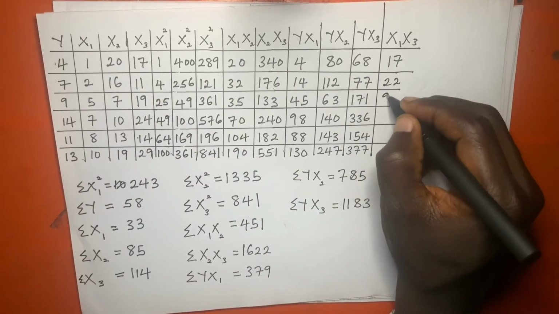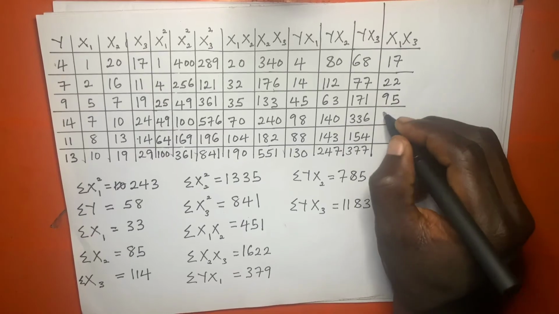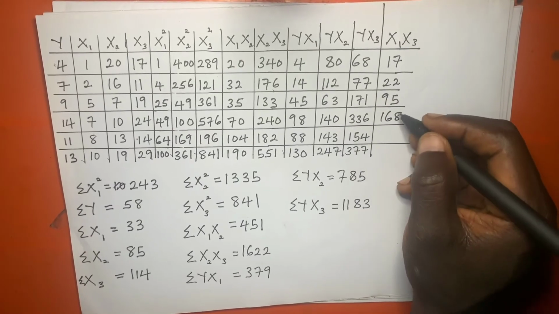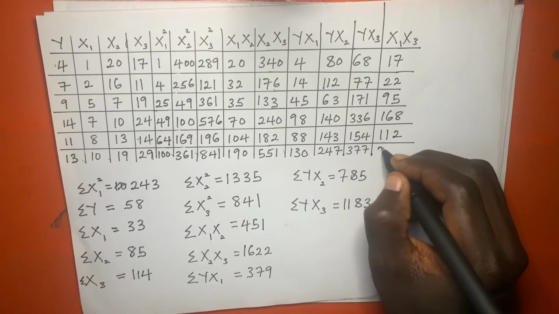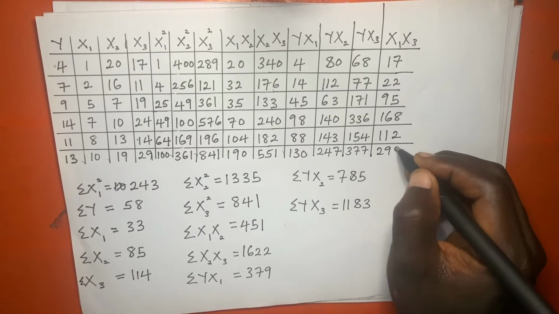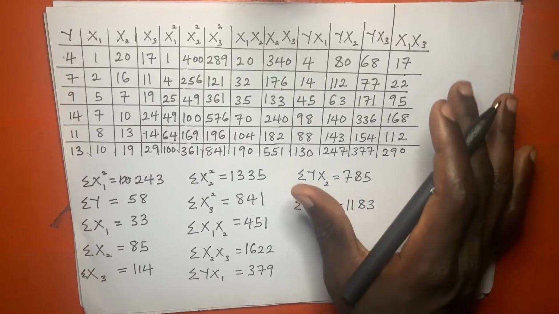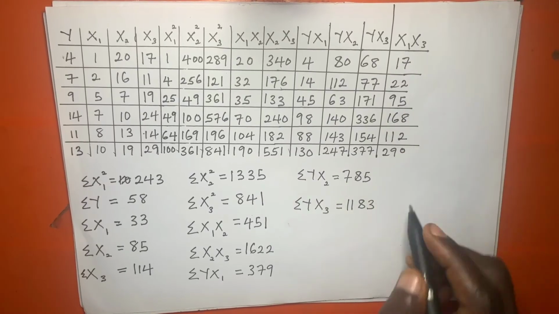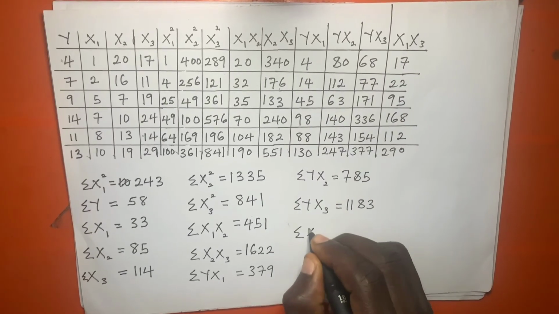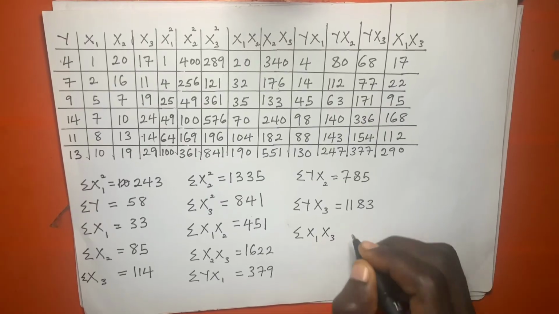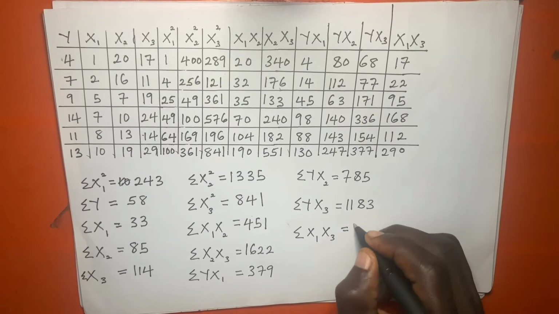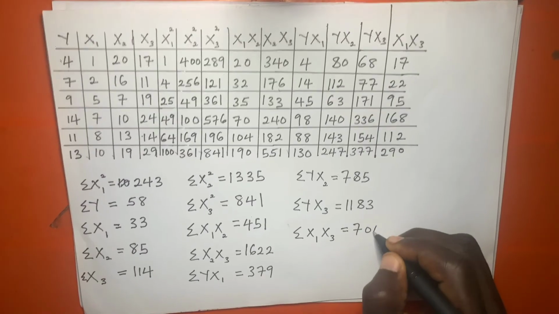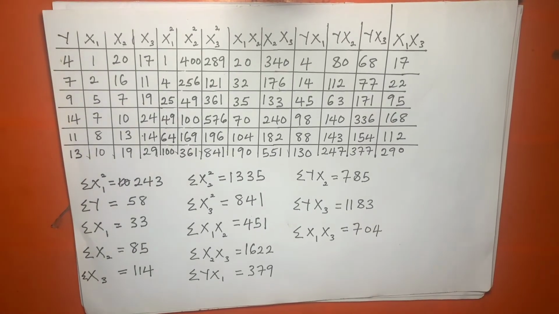Then that way 95, 168, 112, then we have 290. So summation x1, x3, if you add up all these values here, we're going to have 704. You can see the way we prepare the table.